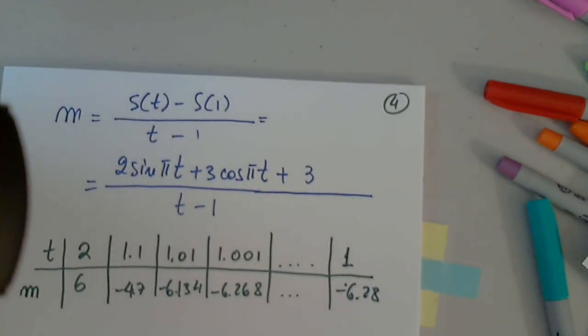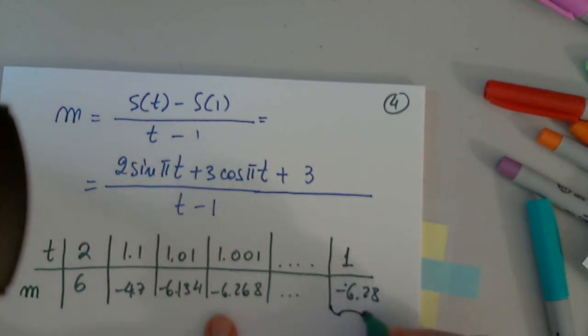Okay, so the average rate of change between 2 and 1 is 6. The average rate of change between 1 and 1.1 is negative 4.7. The average rate of change between points with 1 for x or t and 1.01 is this. Getting closer now, between 1 and 1.01, I get this slope.